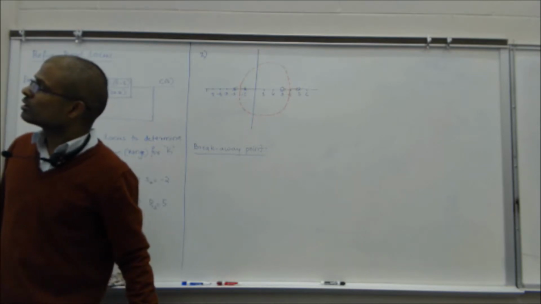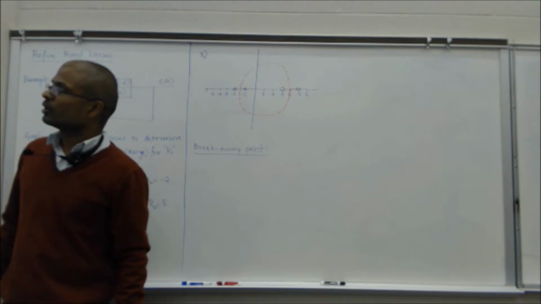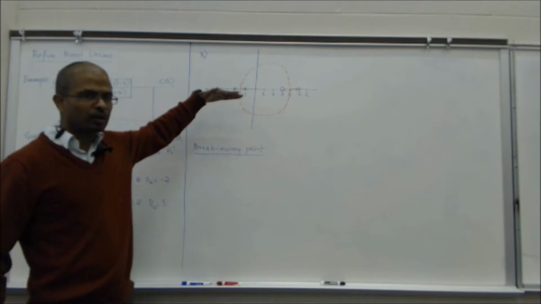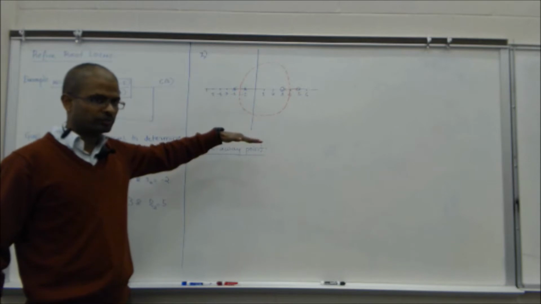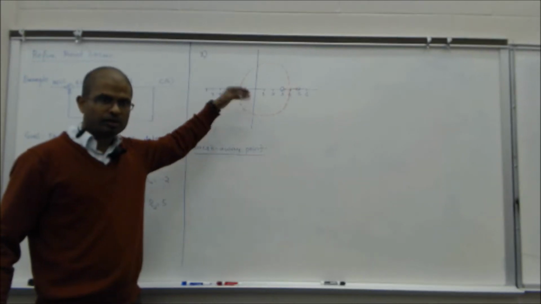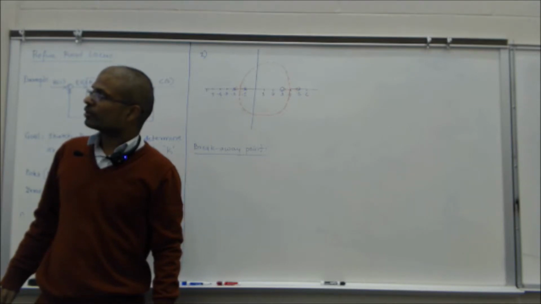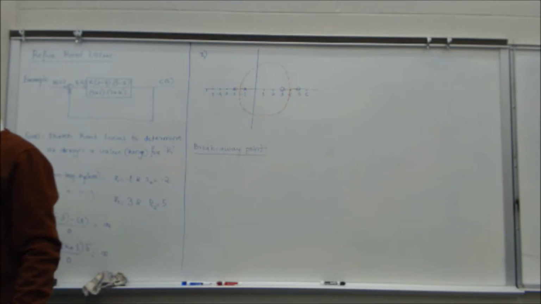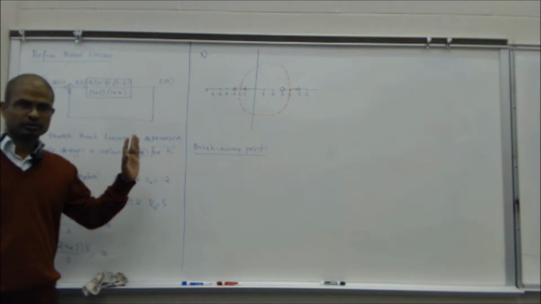The second one is root locus is symmetrical about the real axis. So this is the real axis, right? It is symmetrical about the real axis, on the top and the bottom. This is actually a circle. So this is symmetrical. The third one is on the real axis for k greater than 0, the root locus exists to the left of an odd number of poles and zeros.